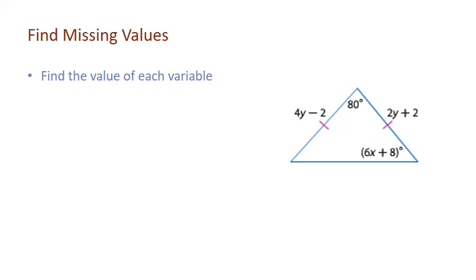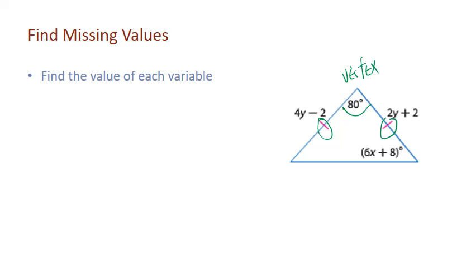All right, now we're being asked to algebraically find some missing values. So let's take a look at our triangle here. We can tell that this is, in fact, an isosceles triangle because this side is congruent to this side. This would actually be our vertex angle.